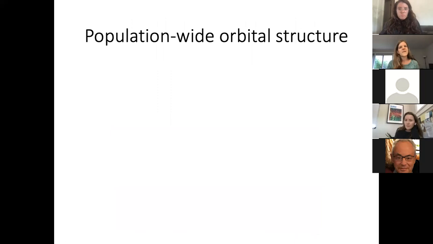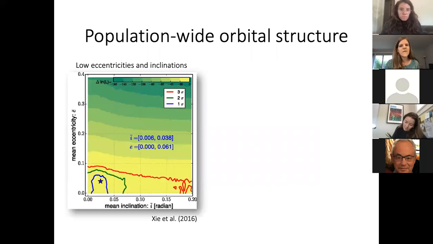And if we look at these same features on the scale of the whole Kepler multi-planet population, we can see that this orbital structure continues. So the systems as a whole have fairly low eccentricities and inclinations on average, as we can see with this heat map of mean eccentricity versus mean inclination.